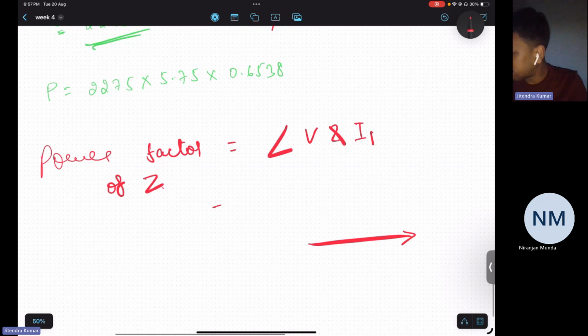So if this is R, this is, let's say, X, this will be Z. So this will be the power factor.